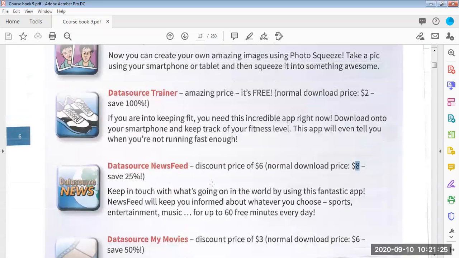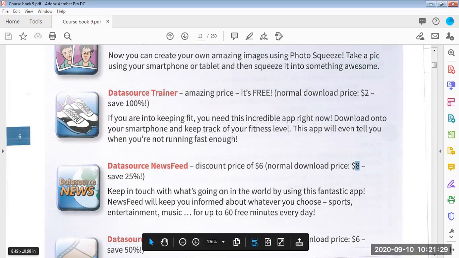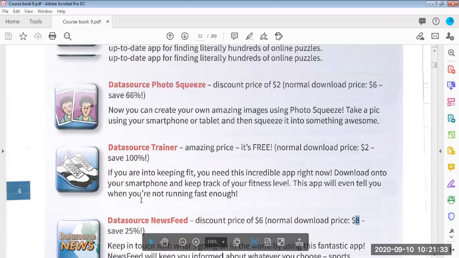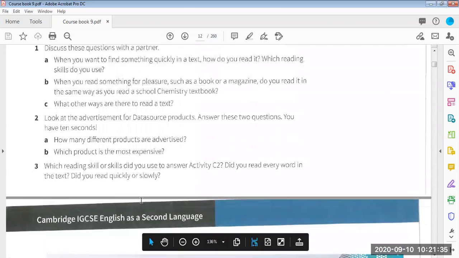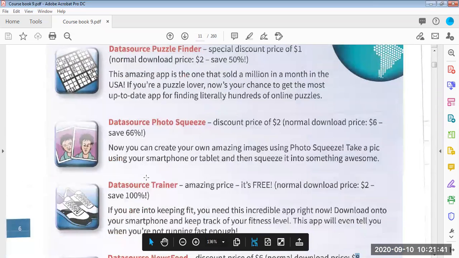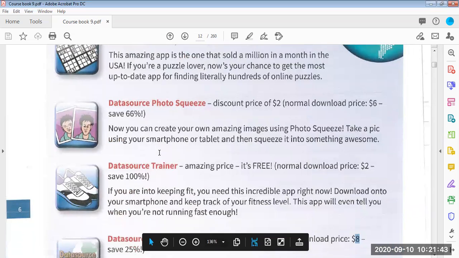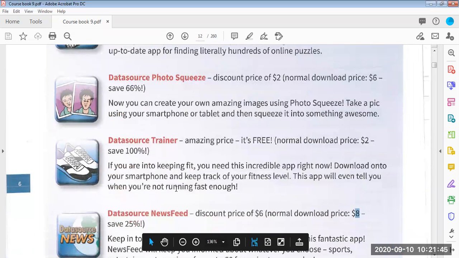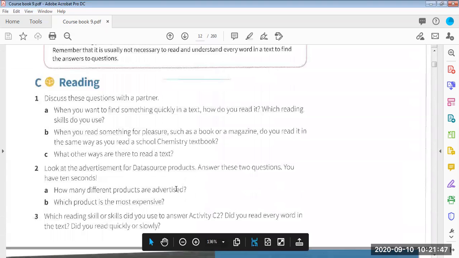So you can see that Data Source News Feed is the most expensive product in the Data Source store. You will write: Data Source News Feed is the most expensive product.